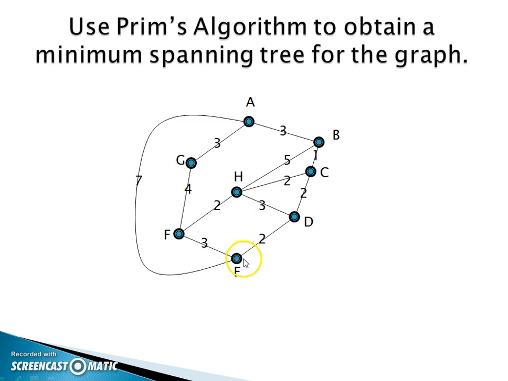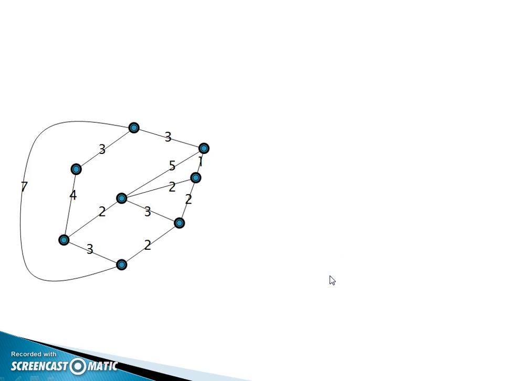What we're going to do is start at the bottom, from vertex E. So if we just move that over to one side, if we start from vertex E, the first edge that we choose is going to be the 2, because the choices were 2, 3, or this long one around the outside, this 7, so clearly 2 is the lowest.